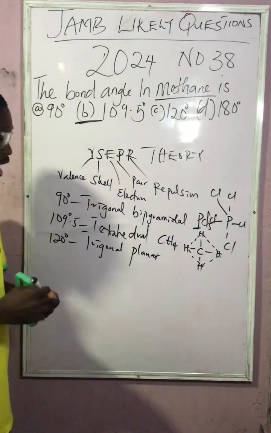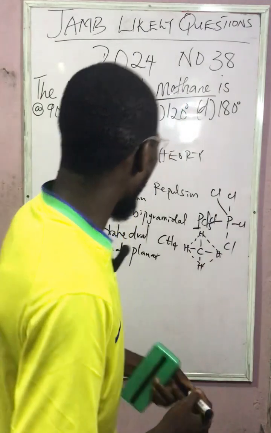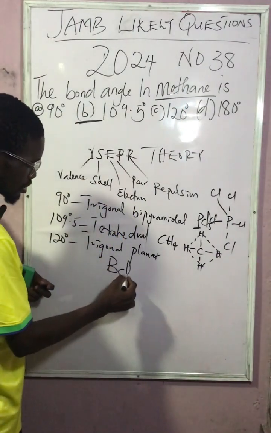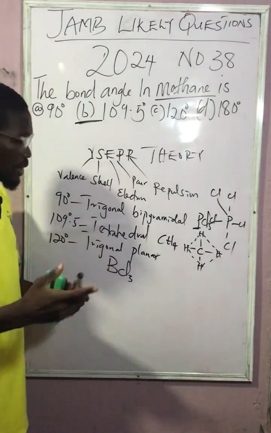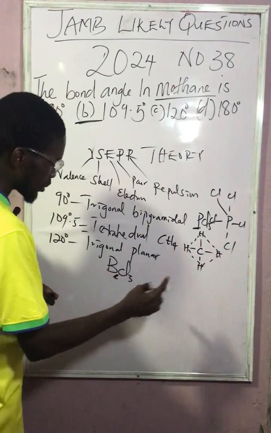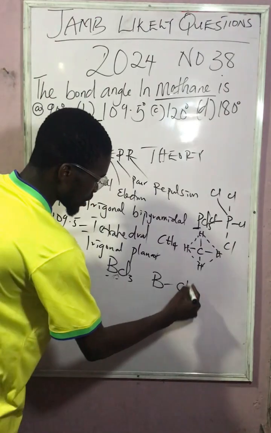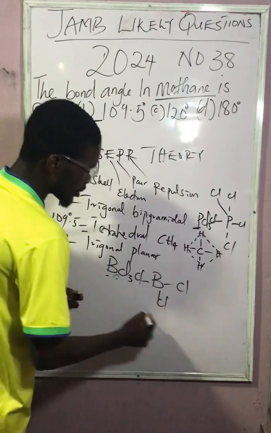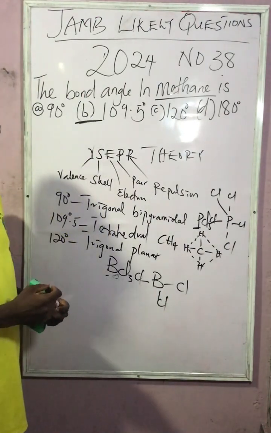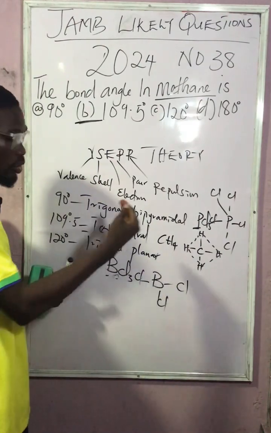Trigonal planar. An example of that is boron trichloride, or we can use boron trifluoride. Anyone you want to use. But let's make use of boron trichloride. We have B, Cl, Cl, and Cl. Is that clear now? So this shows a good example of trigonal planar.